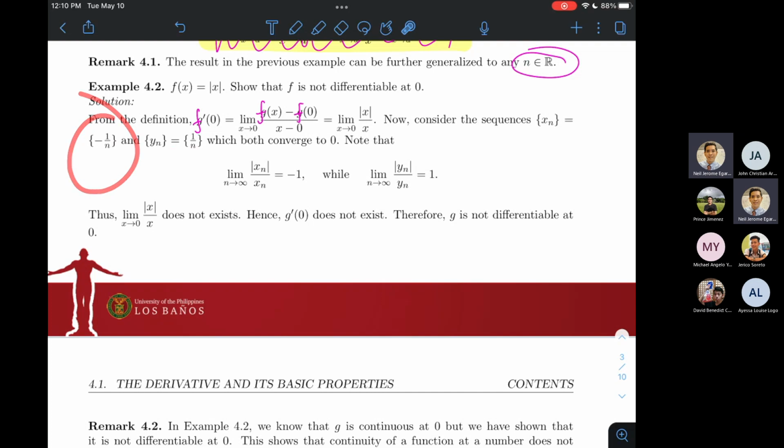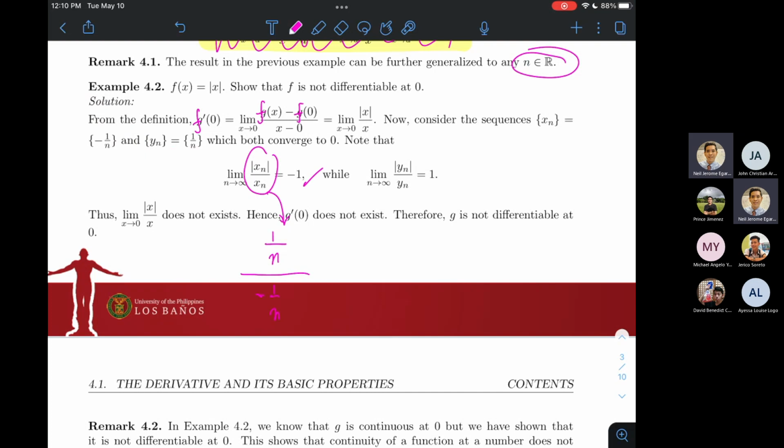So yung absolute value ng negative 1 over n will be 1 over n, kasi nga nasa absolute value siya. Negative ito, so dapat positive yung absolute value niya. Tapos divided by x_n, which is negative 1 over n. So basically this guy simplifies to negative 1.